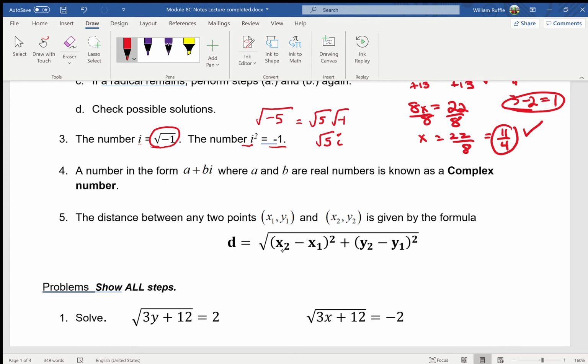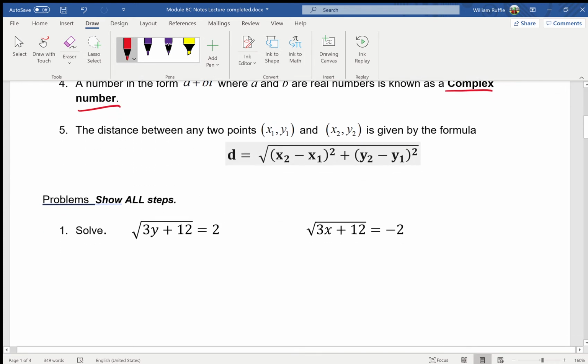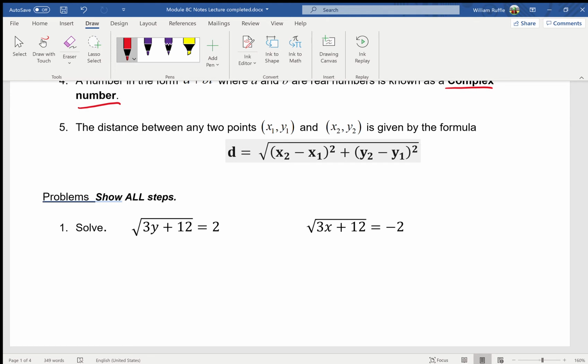You can write it this way, or you can put the i out front. As long as the i is not under the square root, we're good. When it has real numbers and imaginary numbers, it's called a complex number. And we'll have some of those. This formula, you'll have to know this formula. It's really not too bad, but you just got to remember how to do it. And then, my goodness, let the calculator do its business here.